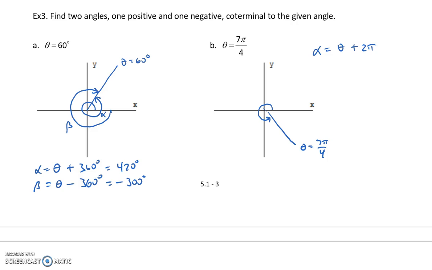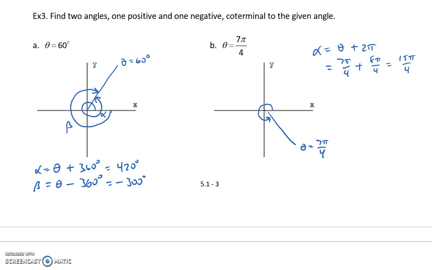Okay, let me now write this as 7 pi over 4 plus 2 pi. Let's write 2 pi as 8 pi over 4. 8 pi over 4 is the same as 2 pi. We have a common denominator that gives us 15 pi over 4.